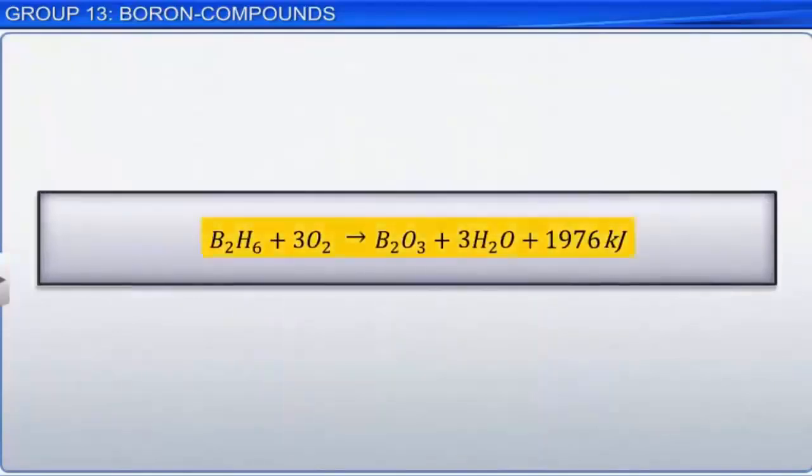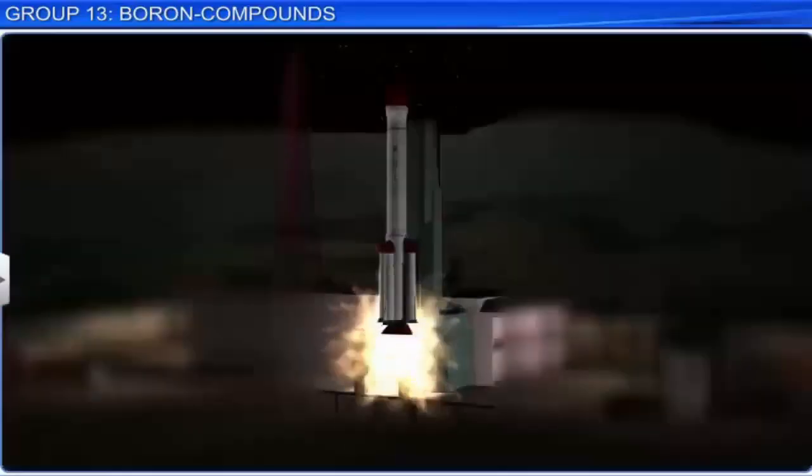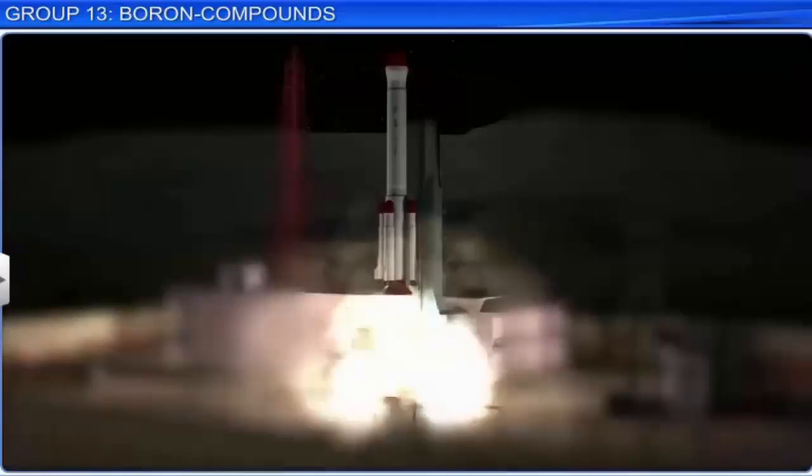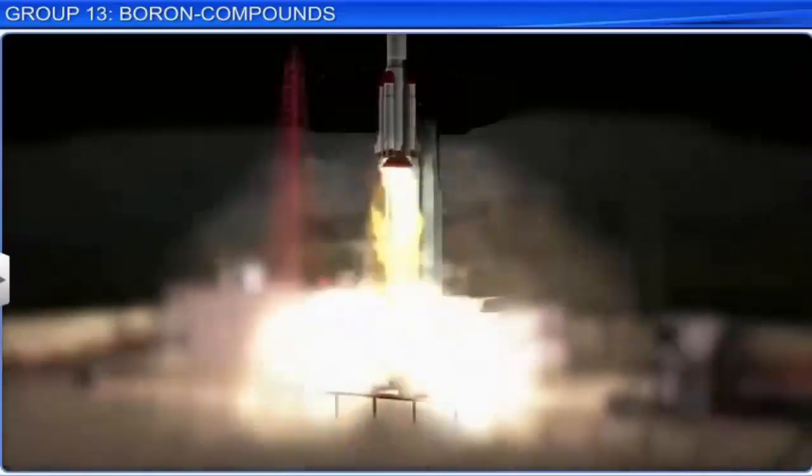The reaction of diborane in oxygen is extremely exothermic, releasing 1976 kilojoules of energy for each mole of diborane. Boranes were once considered for use as solid fuels for rockets because of their exothermic reaction with oxygen.